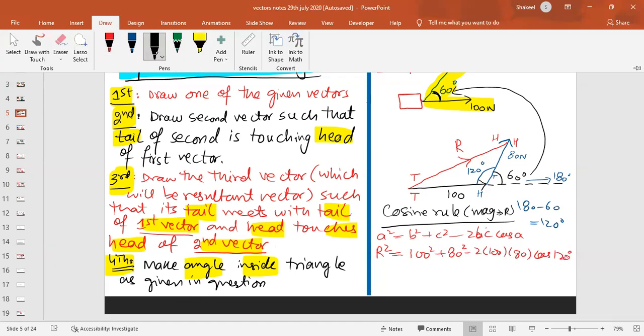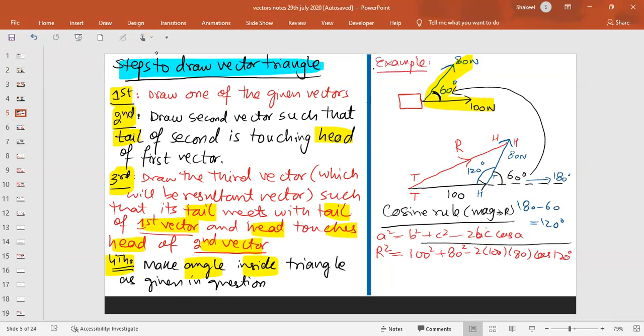And then you will simply take its square root on both sides and you can get the value of R. So you'll get the resultant. So that's how you find the magnitude of a vector using cosine rule when the angle between them is between 0 and 180 degrees, especially not perpendicular. Because in perpendicular, you're going to use Pythagoras theorem.